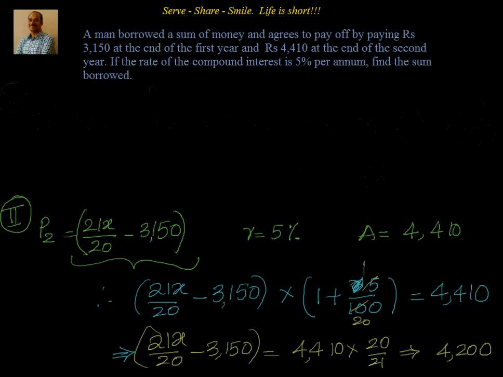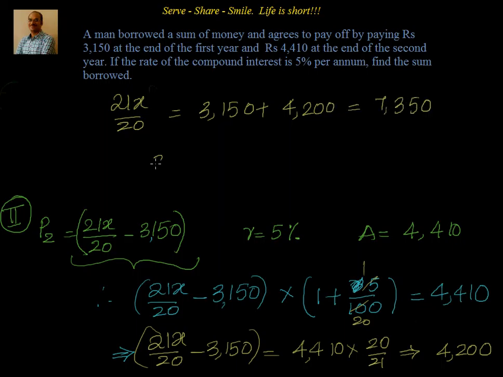Let's go to the next step. So we have now 21x by 20 equal to 3150 plus 4200, which is equal to 7350. So I have 21x by 20 equal to 7350.